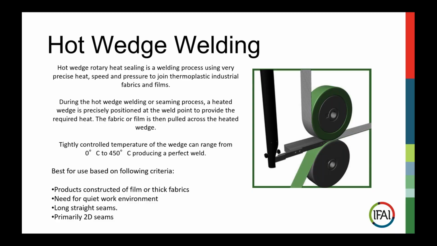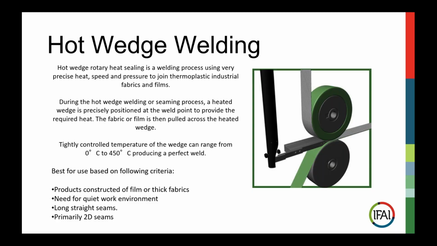So during the welding process, the hot wedge is positioned into the weld rollers or wheels, as you see in this picture here. The material would go on top and below the wedge. So you're actually not welding on the outsides of the materials to bond. You're actually welding on the middle of the materials themselves, the backsides of the materials.